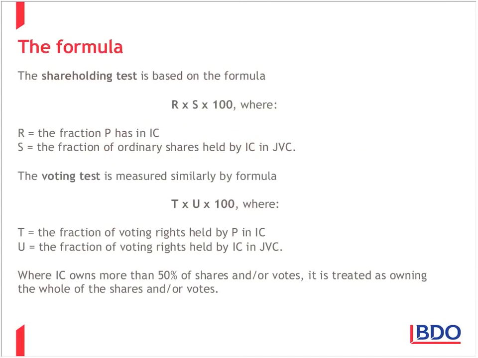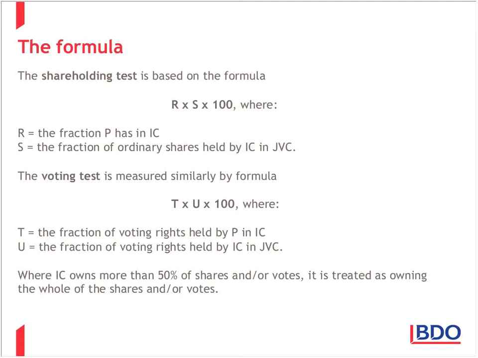The formula is a kind of a gateway of sorts in that it produces an answer determining whether an employee or office holder holds more than a 5% indirect interest in the underlying entity. And then once we've got that answer, if it's more than 5%, we revert back to considering whether the relevant joint venture company or the partnership are actually carrying on a trade.